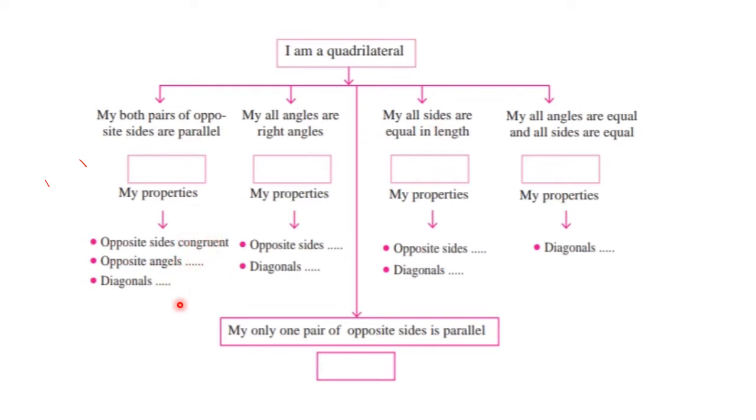The first quadrilateral says my both pairs of opposite sides are parallel, and one more hint is that opposite sides are congruent. So the pairs of opposite sides of this quadrilateral are parallel as well as congruent. So it is a parallelogram.